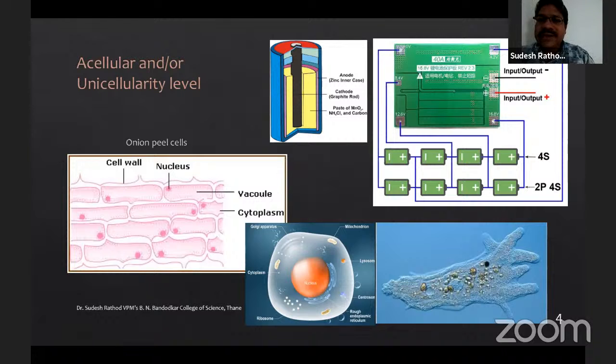Similar is the case in our body. On the left-hand side you can see onion peel cells. Onion peel cells are very simple cells. They are arranged in a particular hexagonal or polygonal cellular structure, and these cells are working together.